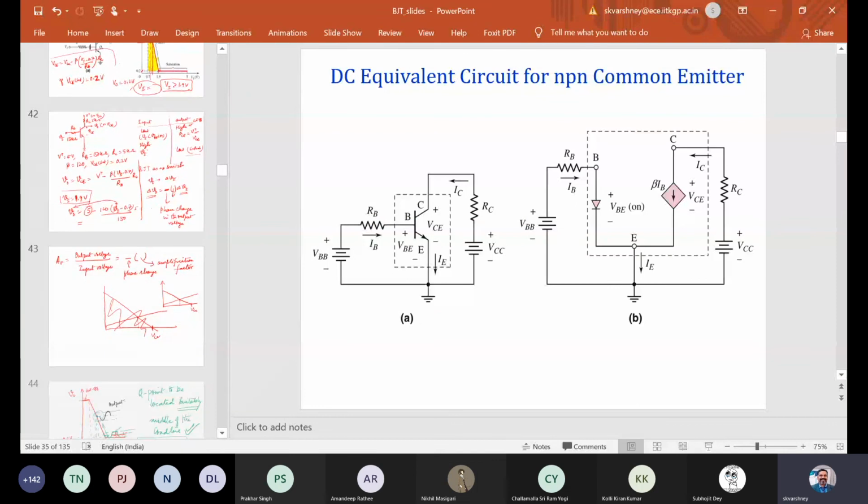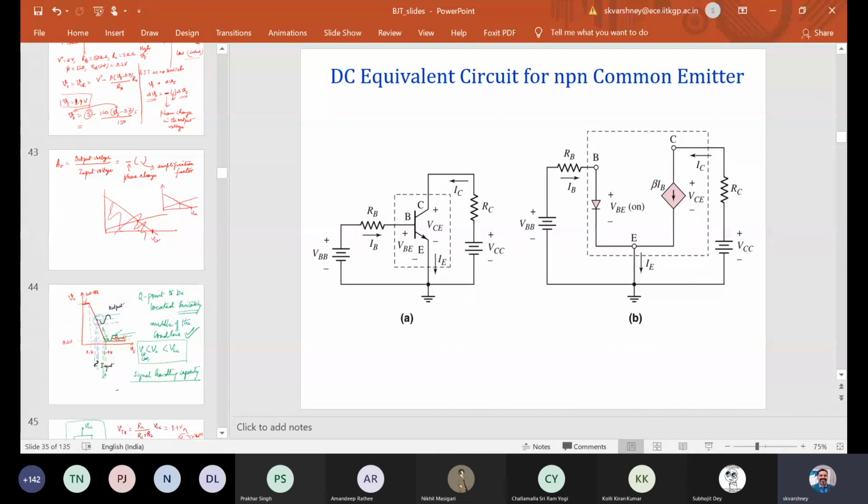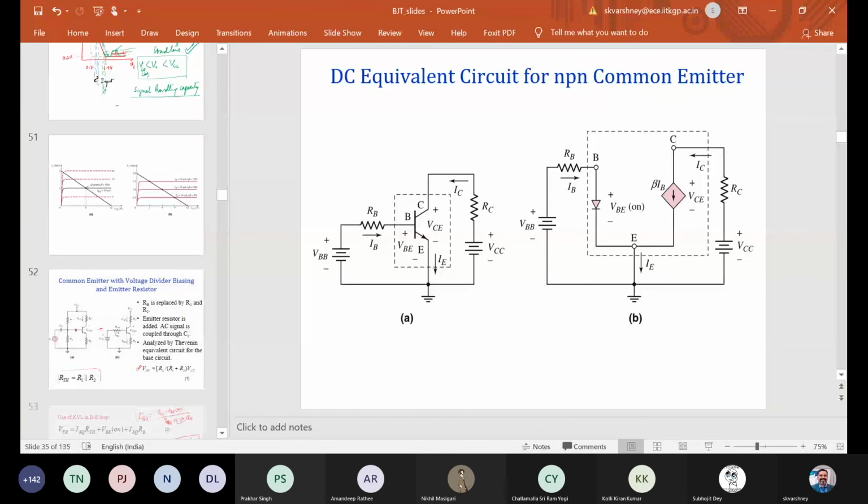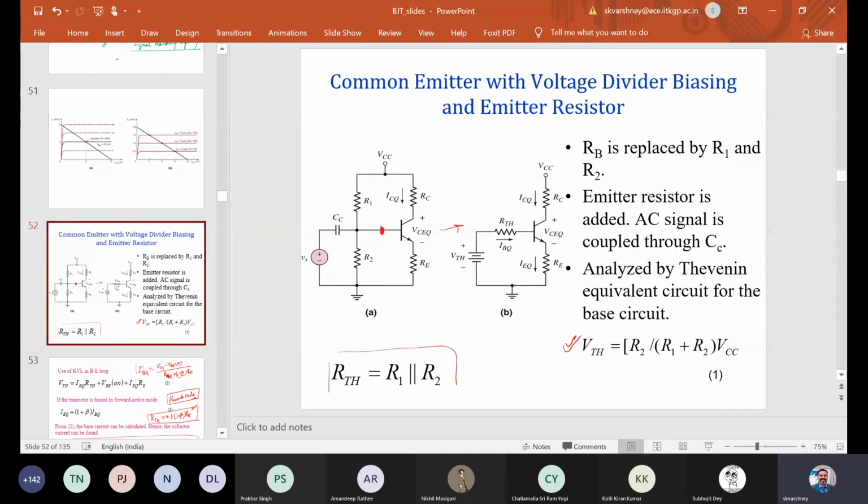Whenever you have to find the Thevenin equivalent, you're finding the voltage at this point, simply. Now it is connected onto the one VCC here.